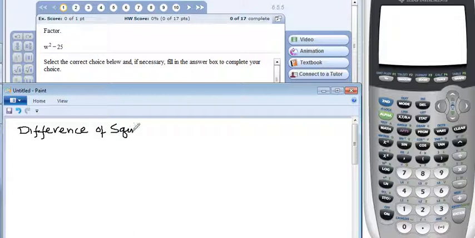Okay. And let's take a look at, first of all, what our perfect squares are. So have a list of perfect squares at the ready when you're taking a test, all right? Here's your list of perfect squares.